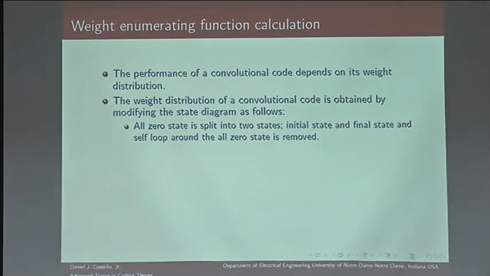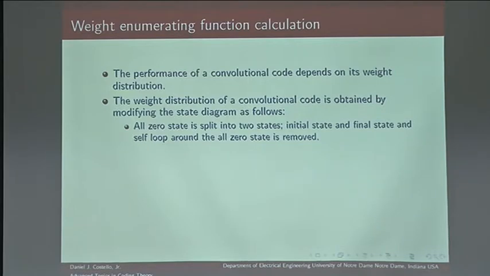You can get the complete weight distribution of a convolutional encoder by a method that we're going to describe here based on the state diagram. Now, the only problem is it's only practical to do for encoders with small memory. But still, it gives us a lot of insight as to how convolutional codes perform with maximum likelihood decoding.